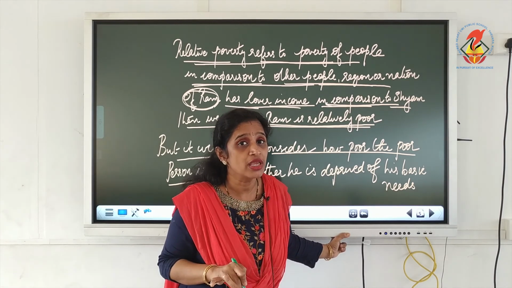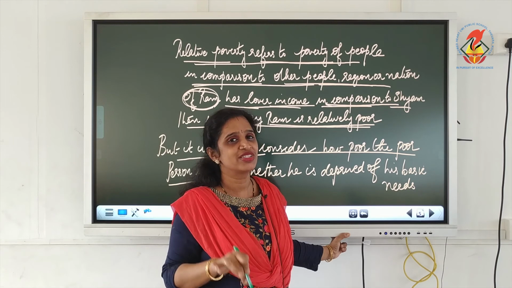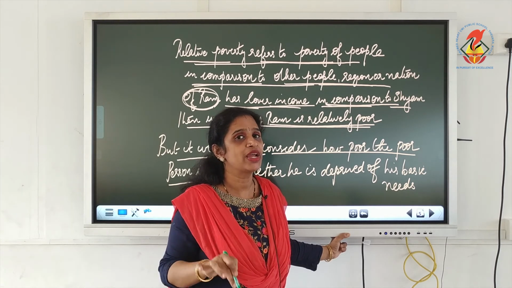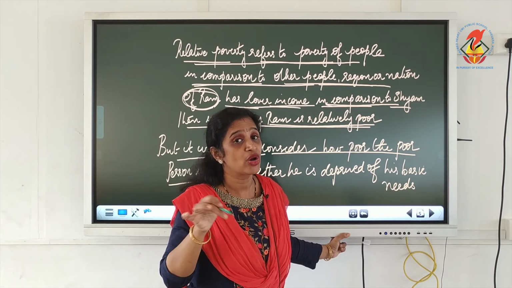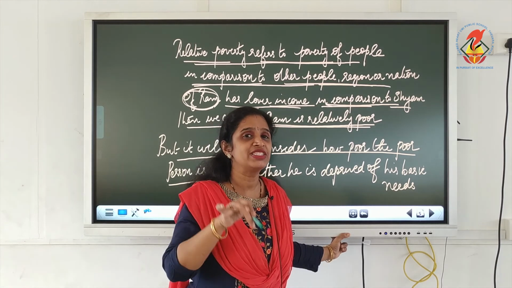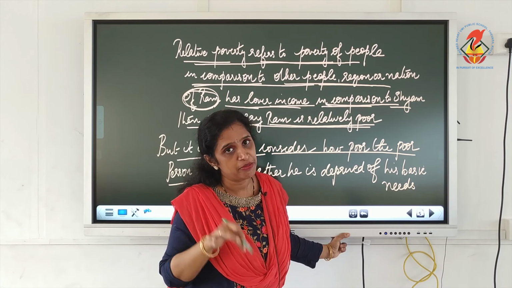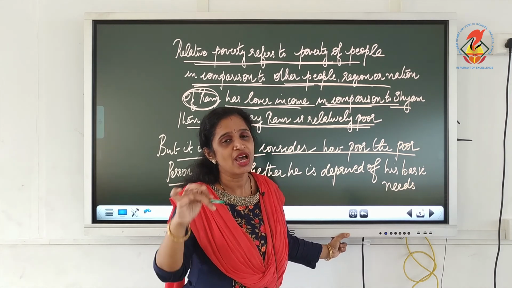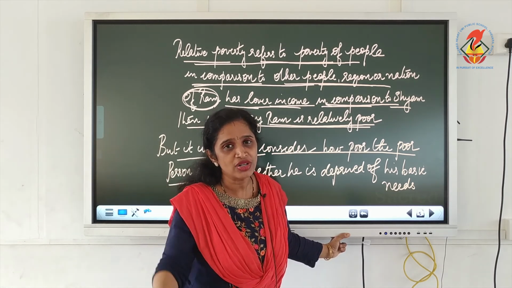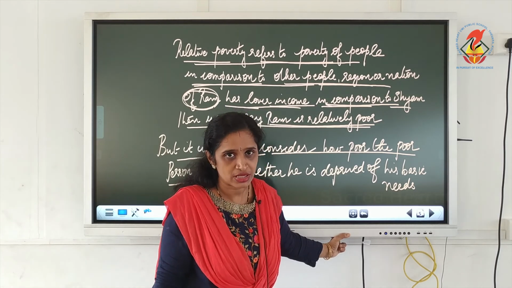But we are not saying how poor Ram is or whether he is deprived of basic necessities. That is a major defect of relative measure of poverty. But we can measure in comparison to other person, region or nation. I hope it is clear to you.